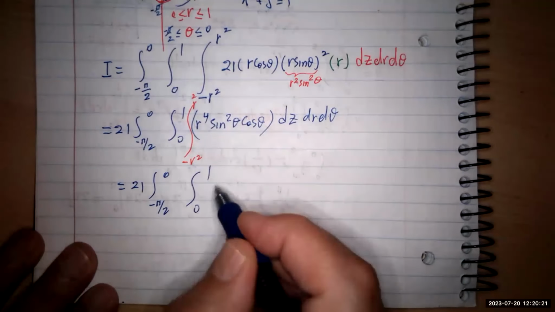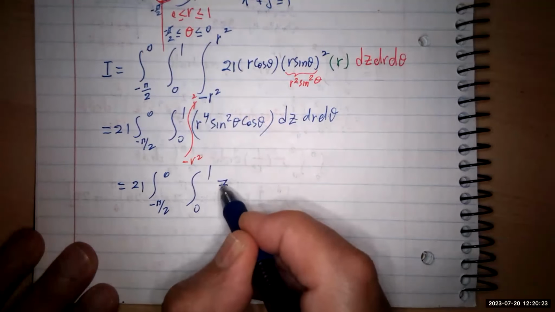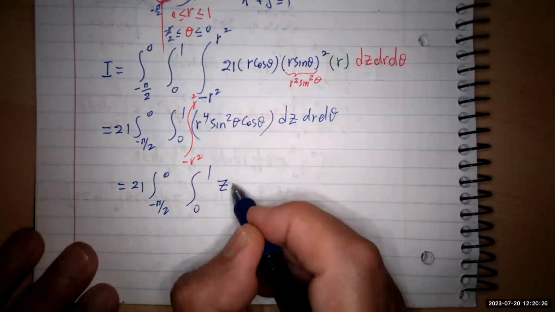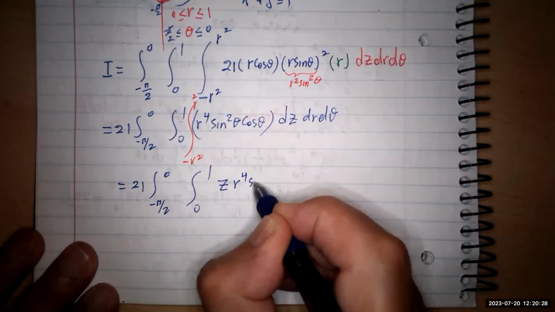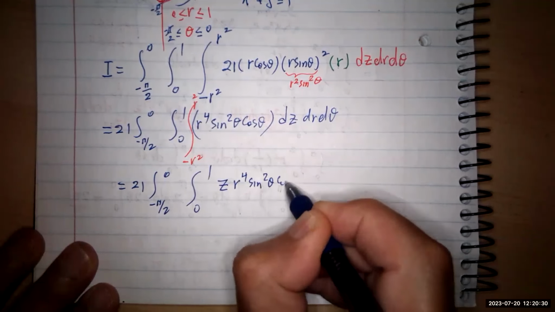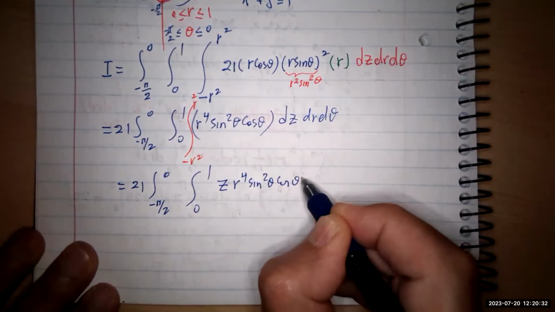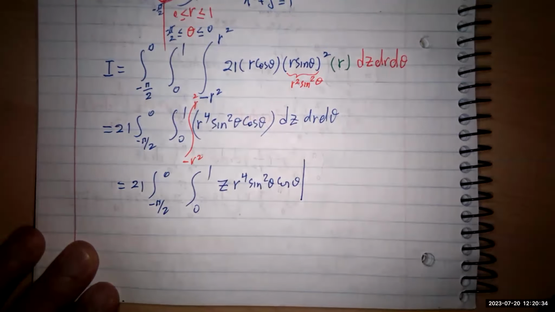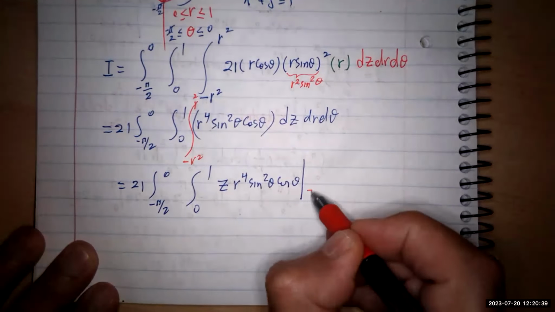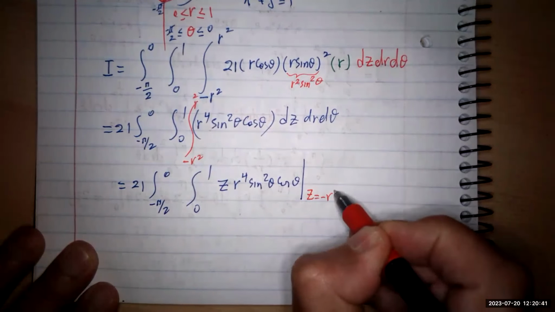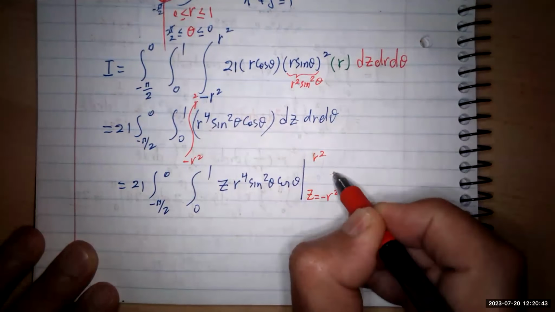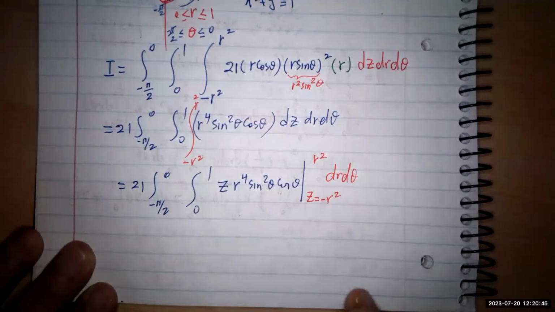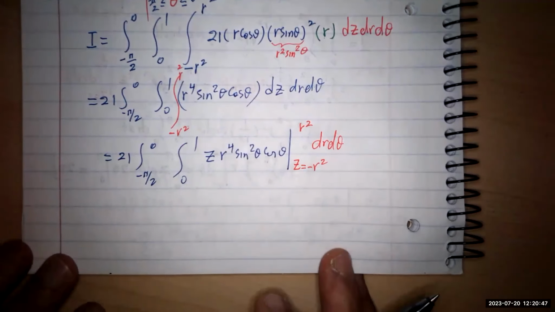Then you are going to have a z, and the rest are going to be unchanged: r to the 4th, sine squared of theta, cosine of theta. Then z going from negative r squared to r squared. Then you come back and we go to dr d theta.